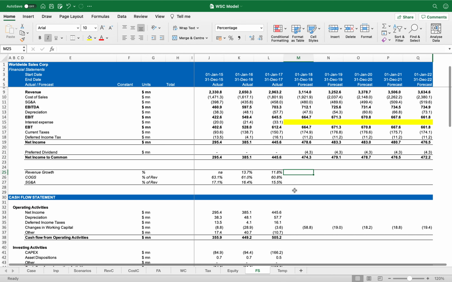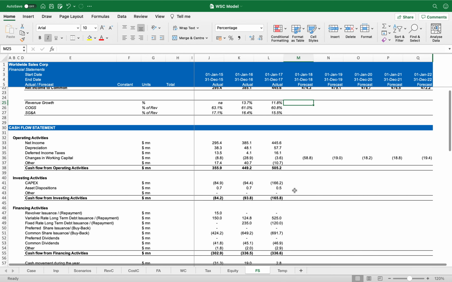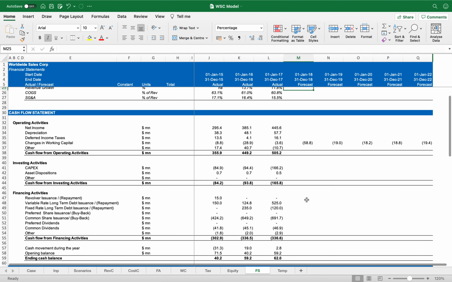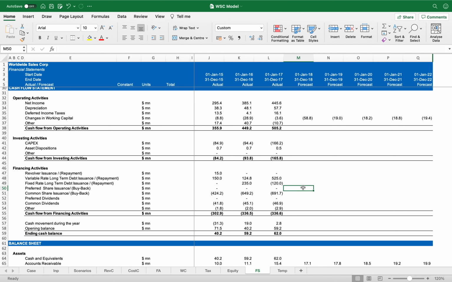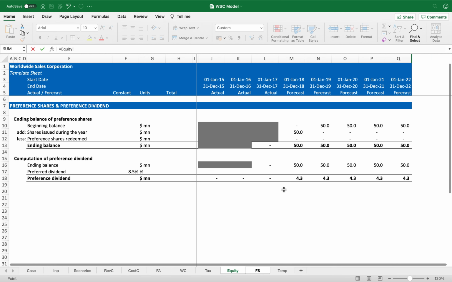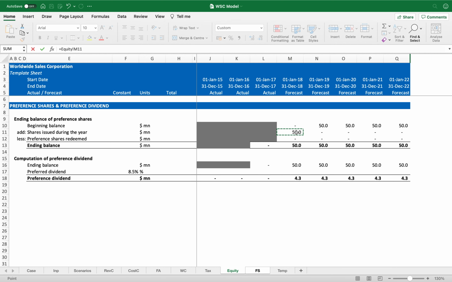Okay. Let's look further at the cash flow statement. Do we need to connect something regarding preference shares? Yes. Preference shares issued. I link it as preference shares issued during the period, which is 50.